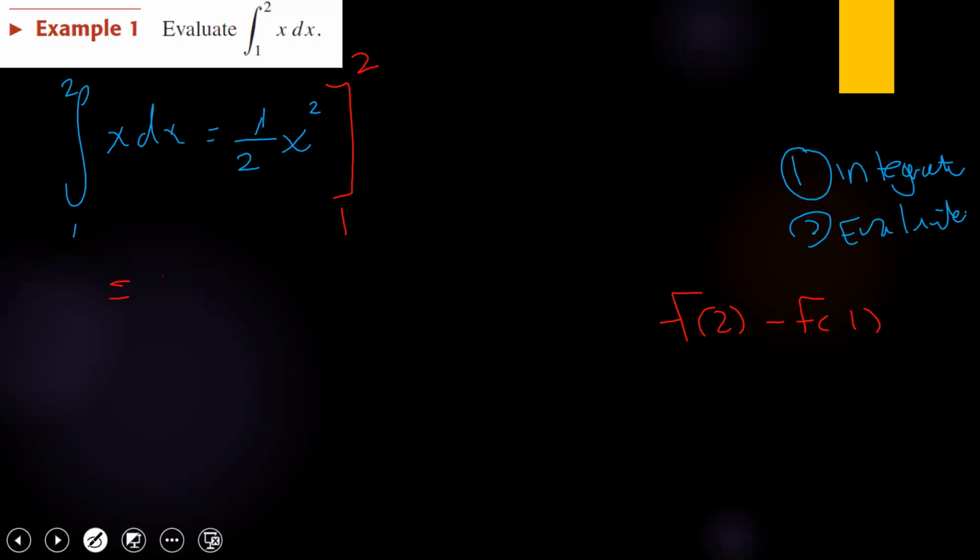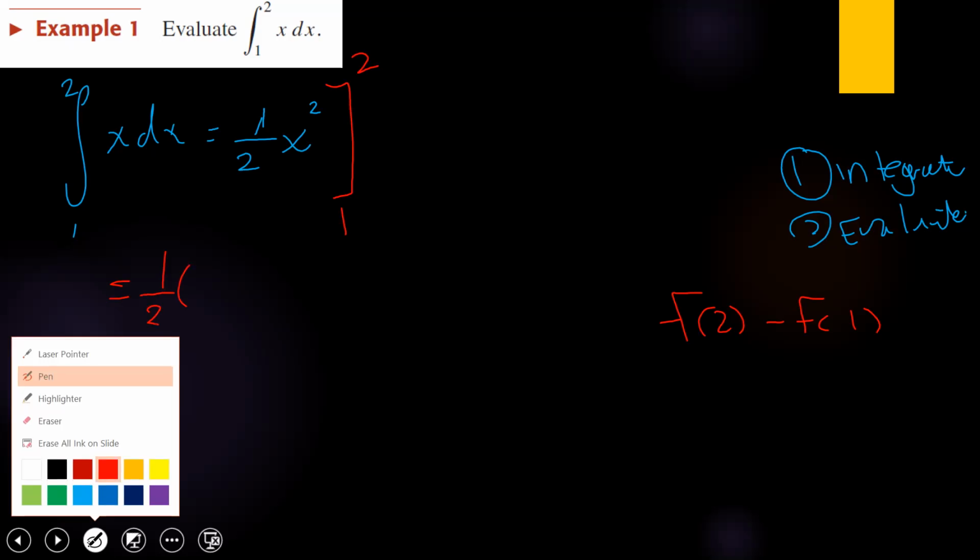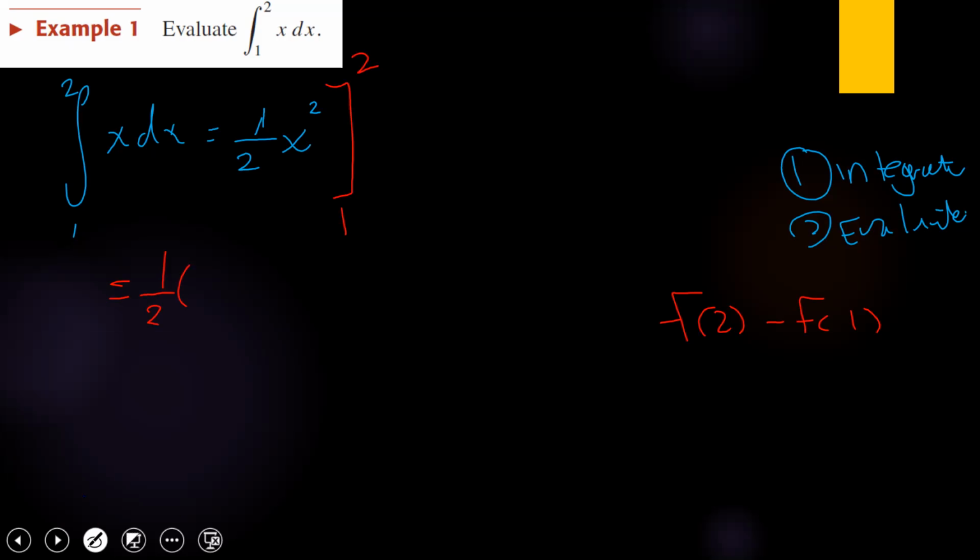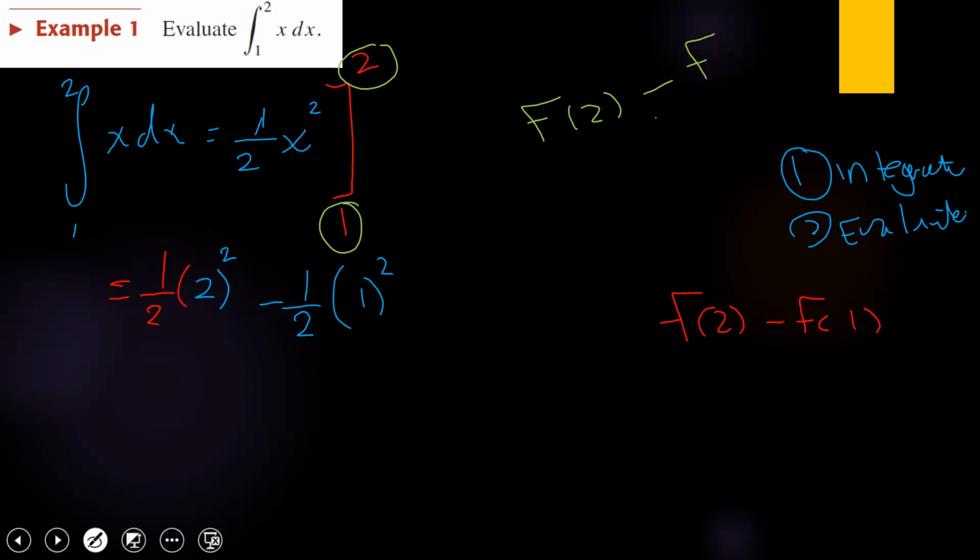So here now it is half. Now I will evaluate from the greatest to the lowest, so I will say half 2 squared minus half 1 squared. I will repeat: I have here the interval 1 to 2. After I integrate, I have to find f of 2 minus f of 1.